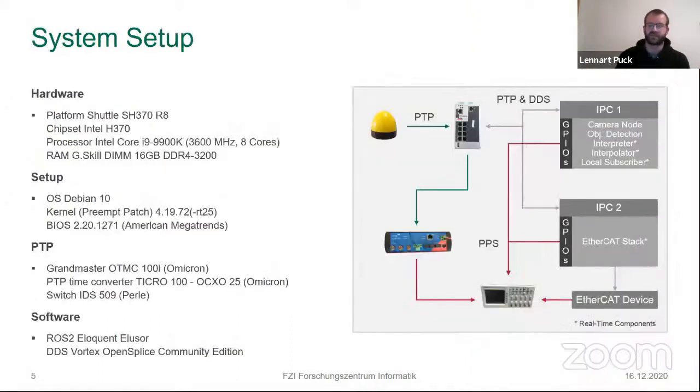First of all, let's talk about the system setup. Since we are talking about real time, it's always necessary to know the hardware and system we are on. Here you can find the listing. Basically, we have an i9 core, and we deployed Debian 10 with kernel 4.19 with the PREEMPT_RT real-time patch.